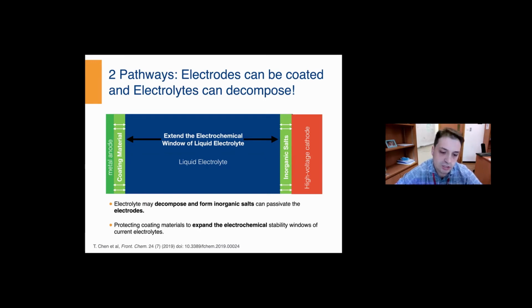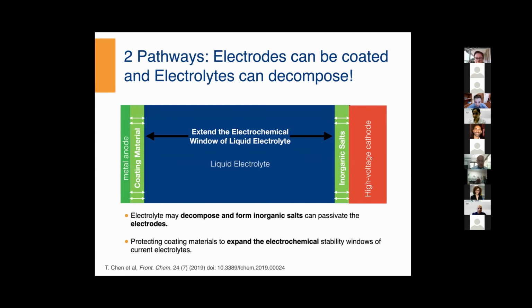And strategy number 2, we try to understand the decomposition products of this liquid electrolyte, and we reverse engineer, meaning that we find a combination of liquid electrolyte that will decompose at the interface, releasing phases that are electrochemically stable, so they don't conduct electrons, but they can transport ions very well. So 2 pathways in summary.